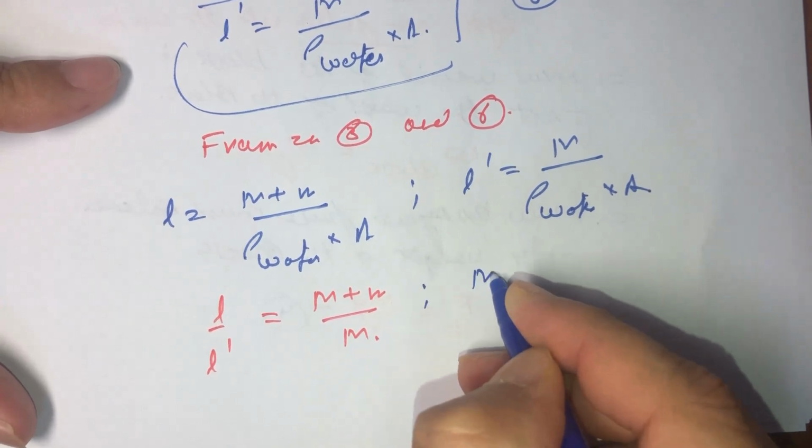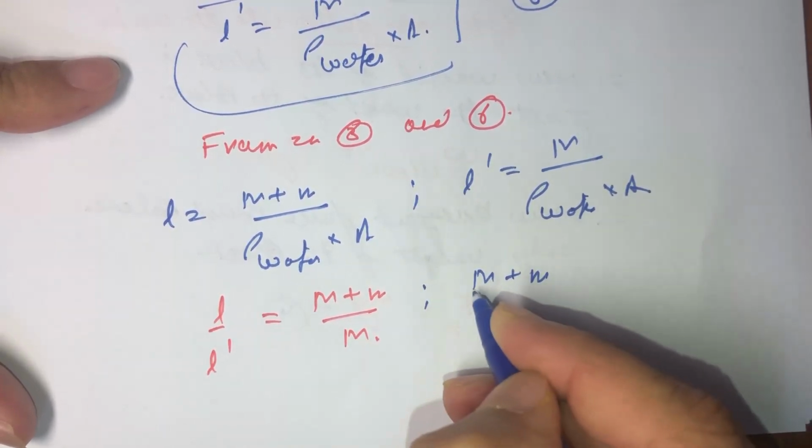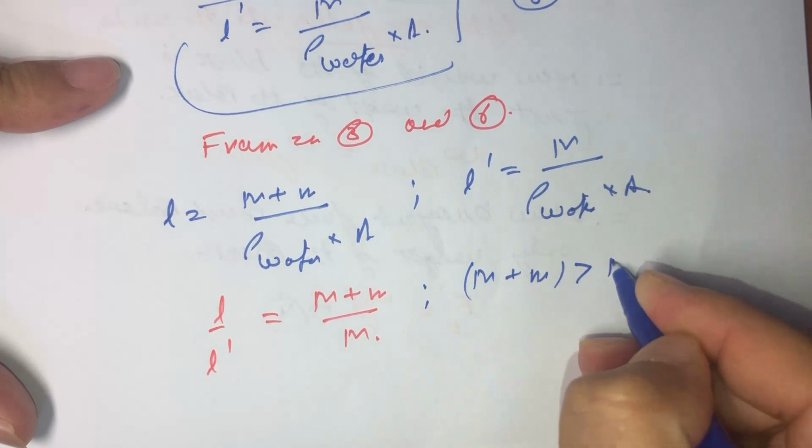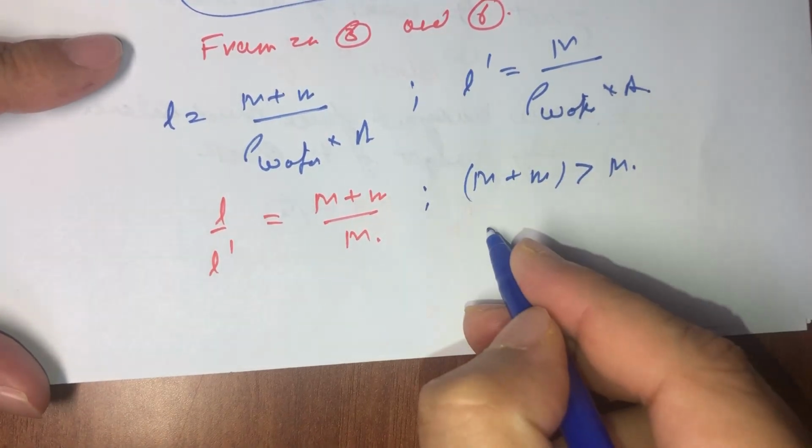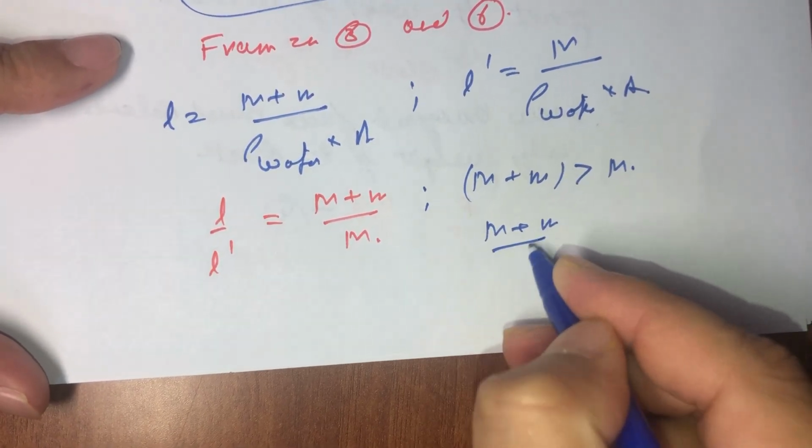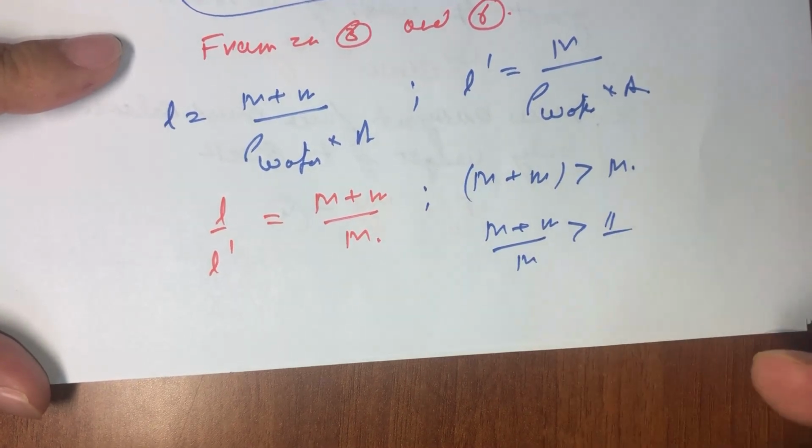And from here we can easily see that M plus small m is greater than capital M, or M plus small m divided by capital M is greater than 1.